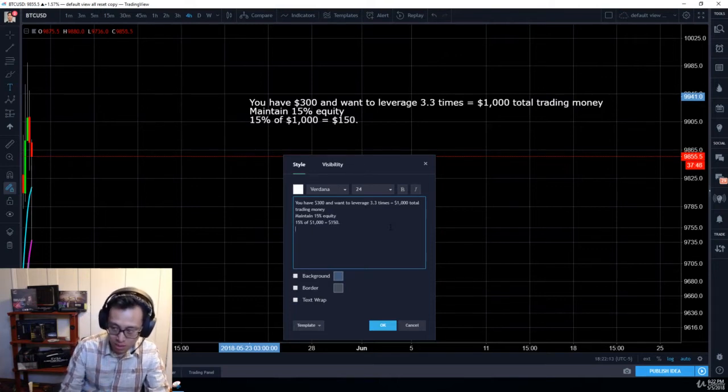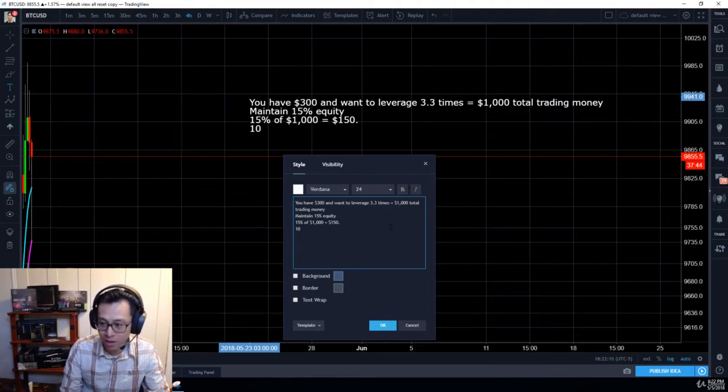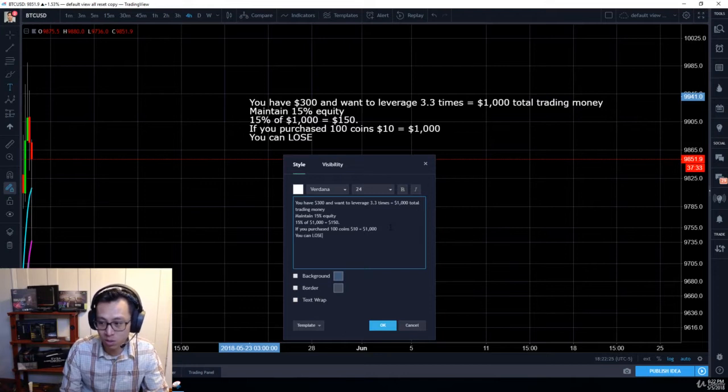What this means is, if you purchased 100 coins at $10, which is equal to $1,000 total, you can only lose 15% of that $1,000.